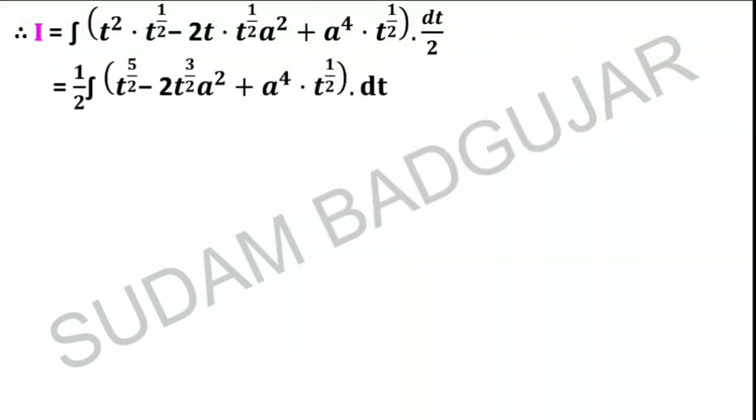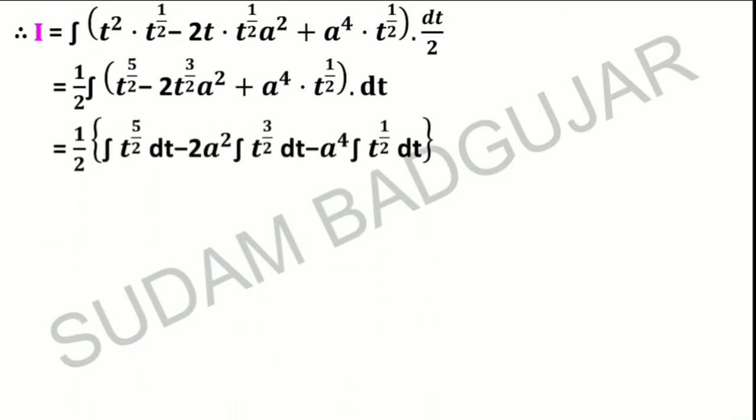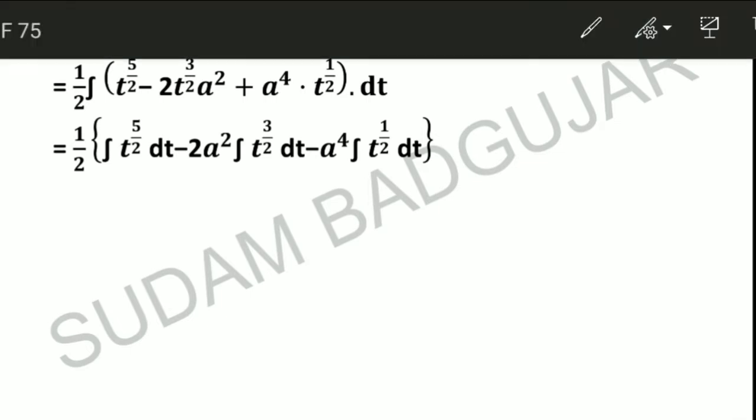By taking separate integration you will get half into a big curly bracket: integration of t raised to 5 by 2, minus 2 into a square, which is a constant, so you write it outside the integration operator, that is 2 into a square into integration of t raised to half into dt, plus a raised to 4 into integration of t raised to half into dt.